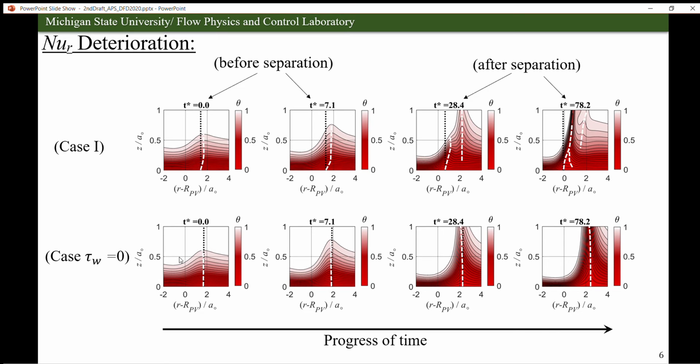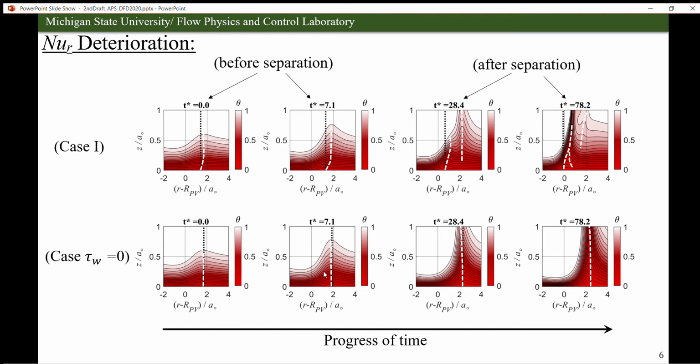If we focus on case tau equals 0 first, we see that early in time the location of the minimum Nusselt number is very close to the location of the maximum thickness of the thermal boundary layer.